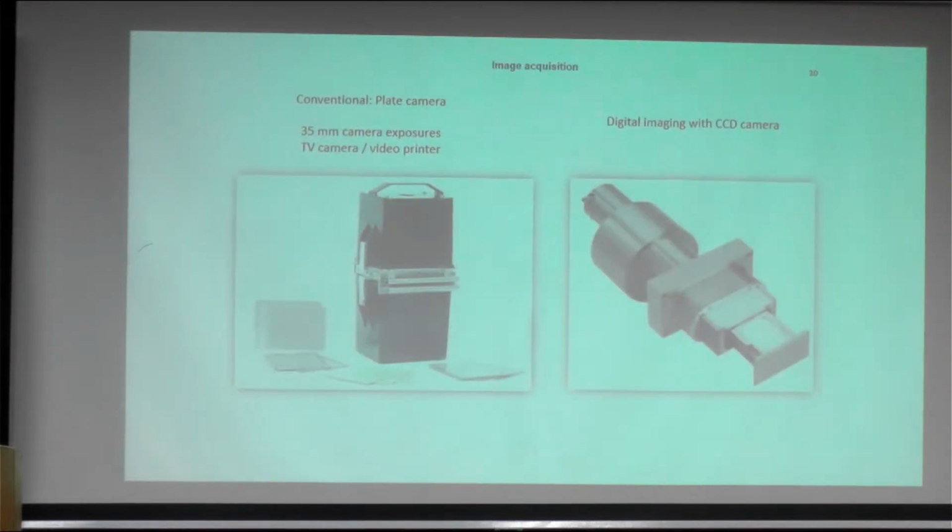So these are some images of a camera, of image acquisition. This is a conventional plate camera. It was used for several years and decades after the invention of the microscope, and then after the development of CCD cameras, the new microscopes are equipped with digital imaging.